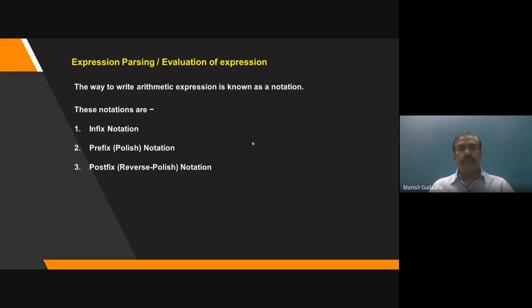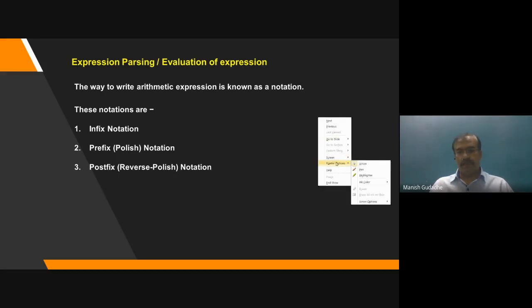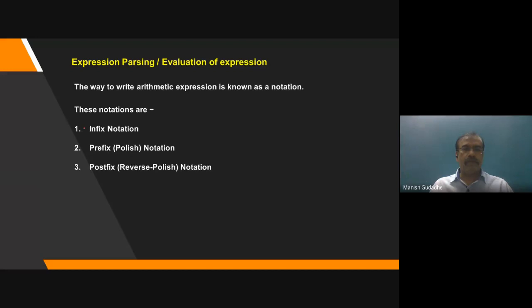What exactly is meant by that and why we need to do that? So there are different ways of writing an arithmetic expression, and that is called notation. There are three types of notations which we have: infix notation, prefix notation, or postfix notation. What exactly is that?